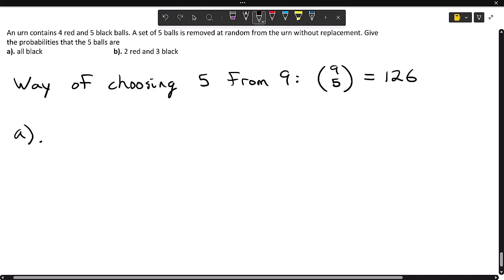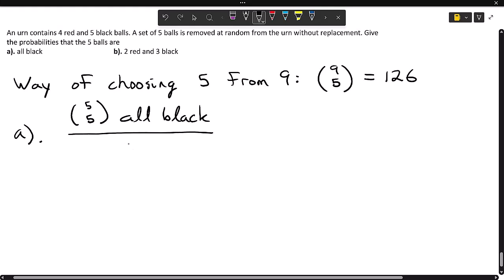So the probability for all black would be 5 choose 5 out of the total possible of 126 different outcomes. 5 choose 5 is equal to 1, so there's a 1 out of 126 chance of that happening.